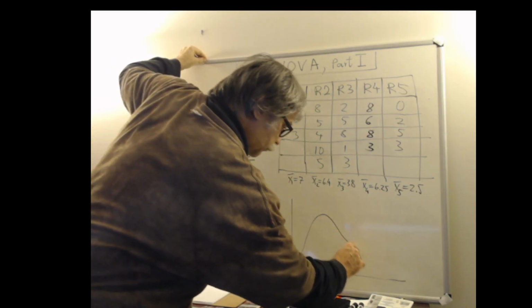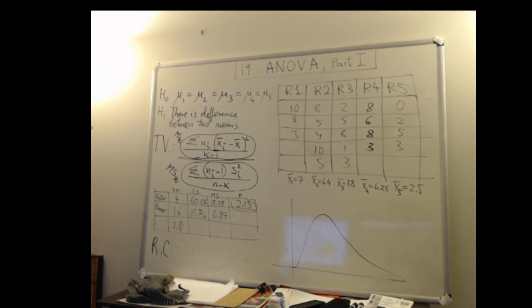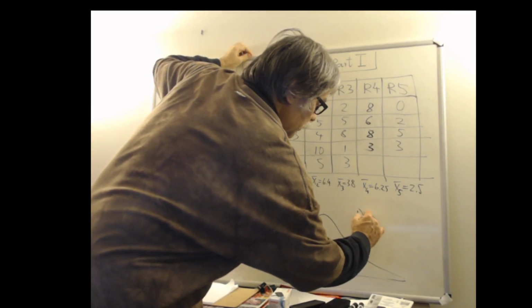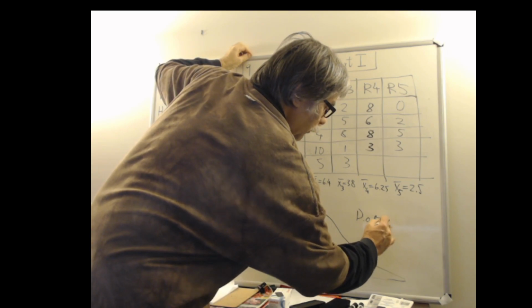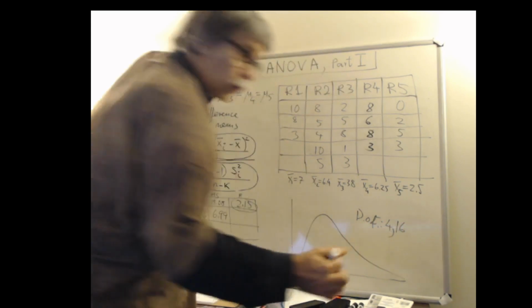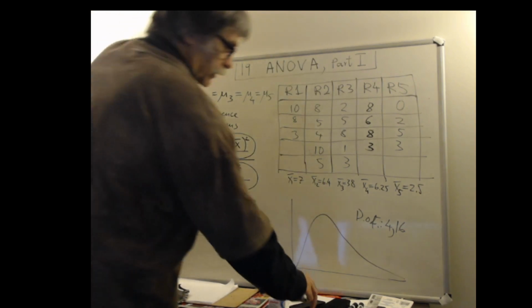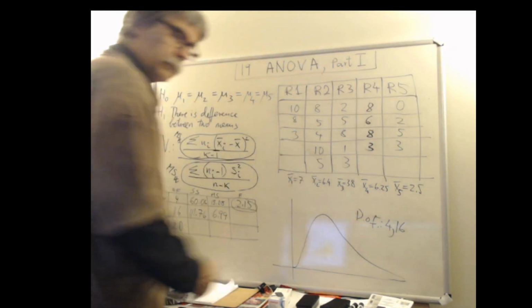It's actually very similar to the chi-square curve, but it has 4 and 16 degrees of freedom. It has 2 degrees of freedom: 4 for a factor degrees of freedom and 16 for error degrees of freedom. Or should we say between the groups and within the groups? Okay?